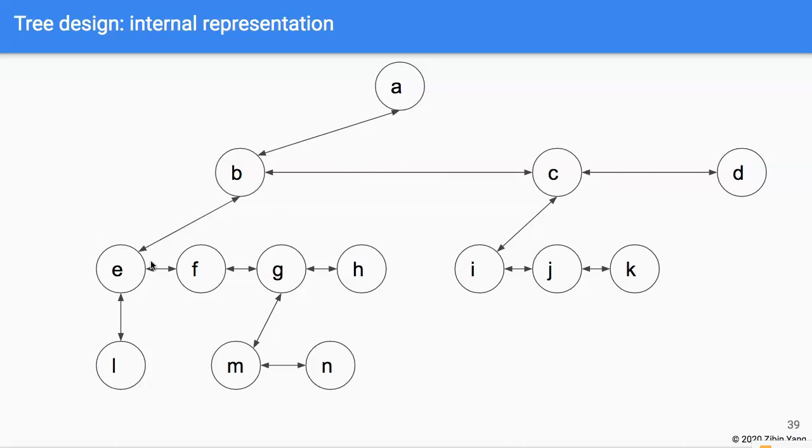And at the same time, the first child node would also point to its parent, or the rest of the non-first child nodes would point to its previous siblings. So please keep this picture in mind as we talk about our actual implementation of the general tree.